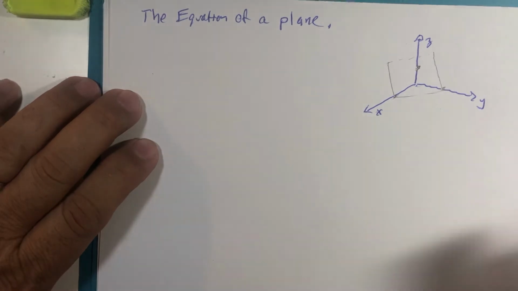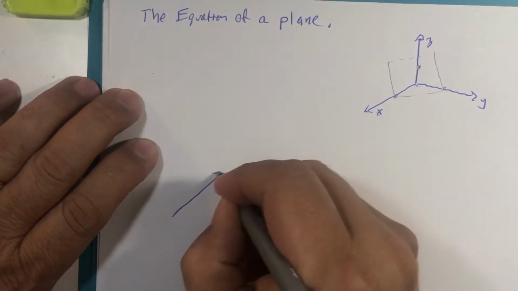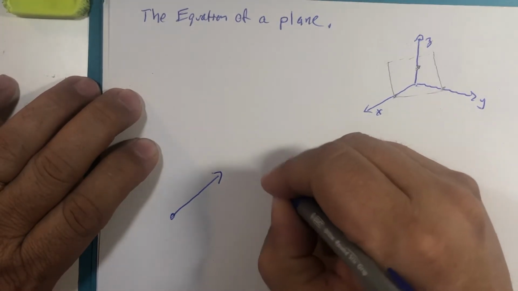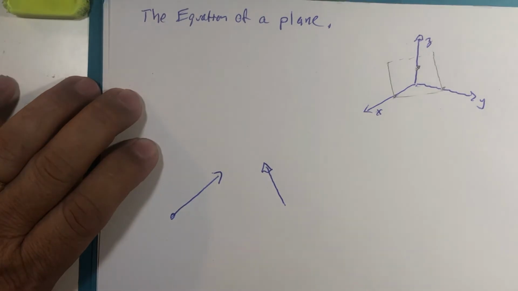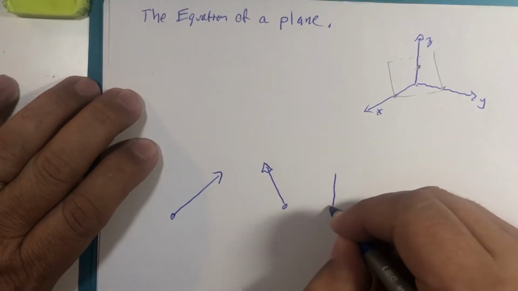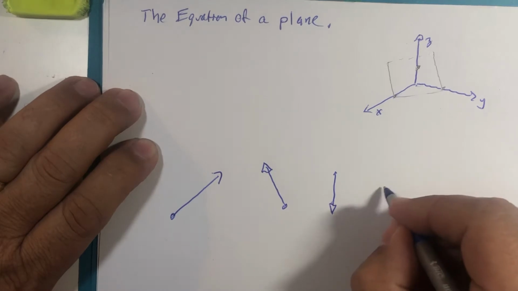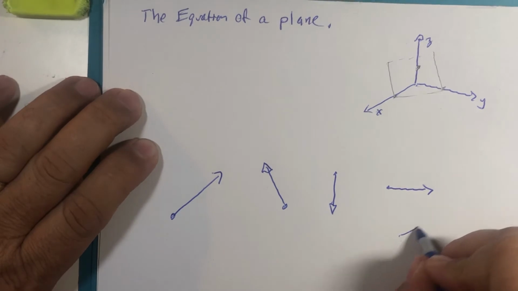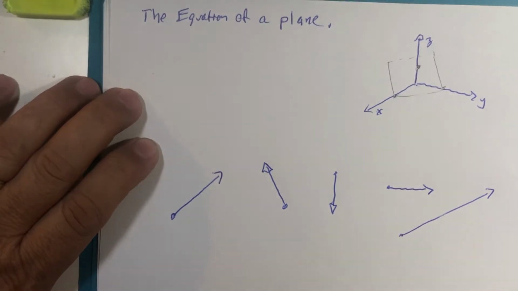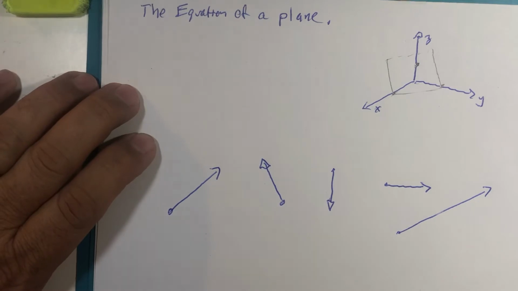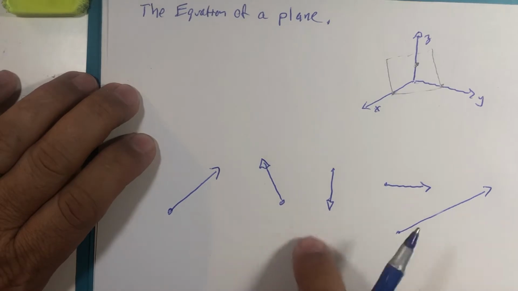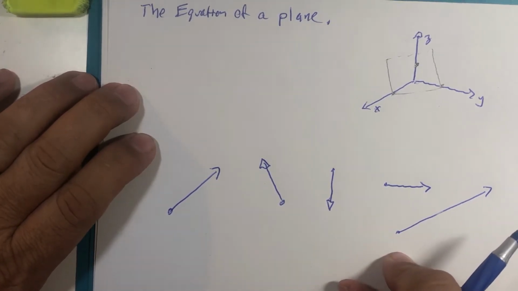So here is a vector on my paper, and here is a vector on my paper, and here is a vector on my paper, and here is a vector on my paper. Please note they're all on this so-called plane, but they go in many different directions. In fact, we can change the word many to infinitely many directions.